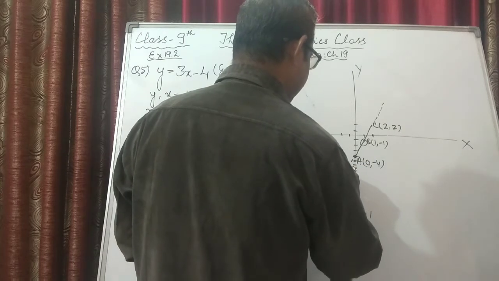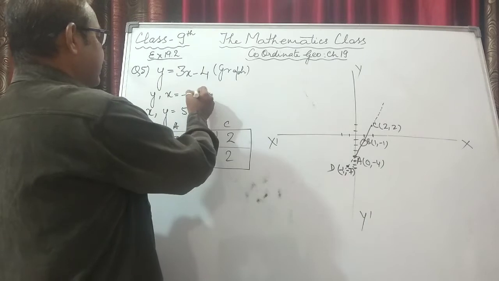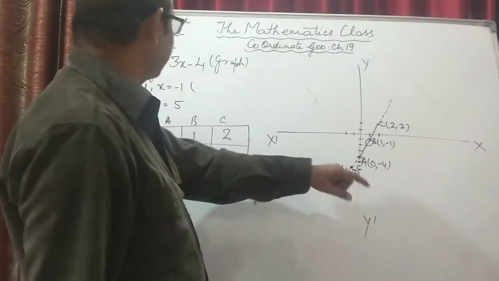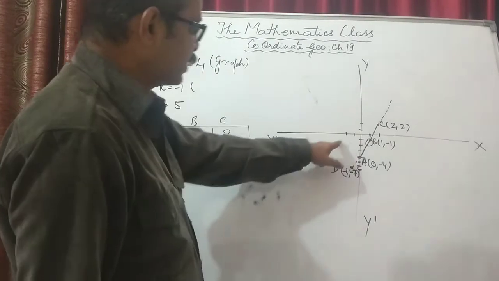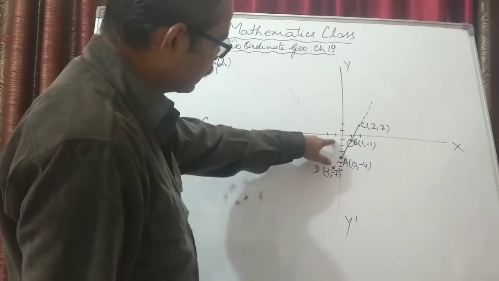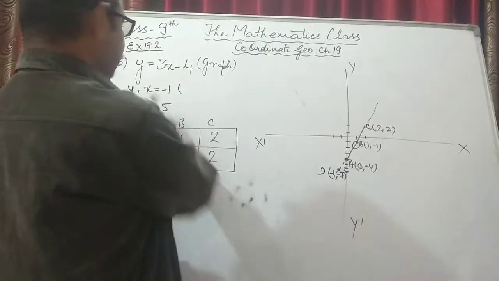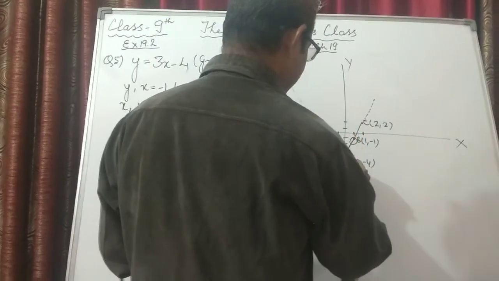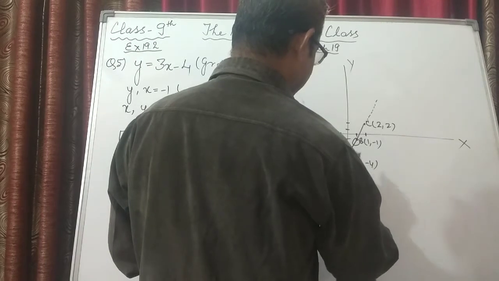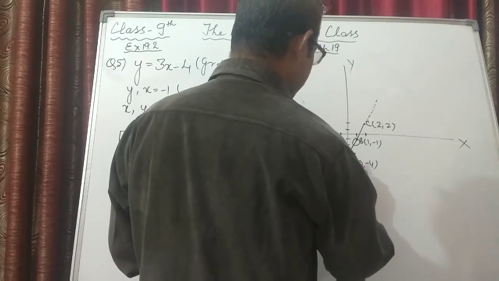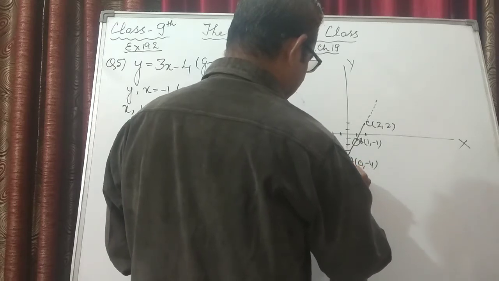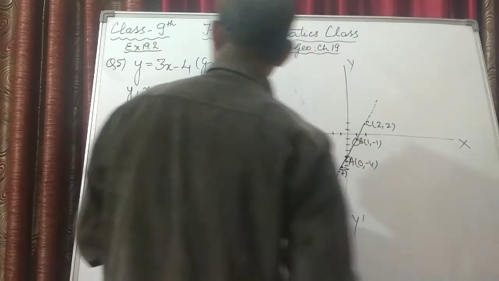Let us say this point is D. And how I calculated: when you draw the graph, you will find that this point minus 1 is somewhere here. x is equal to minus 1, so minus 1 is this. It means it will be somewhere at this point. Because I am not using graph paper, I am not getting accurate distances, but it will be somewhere here, that is minus 7.